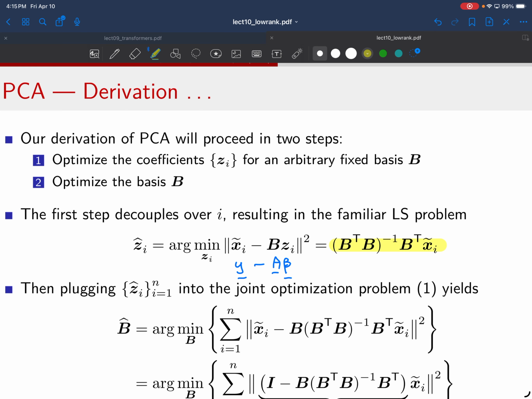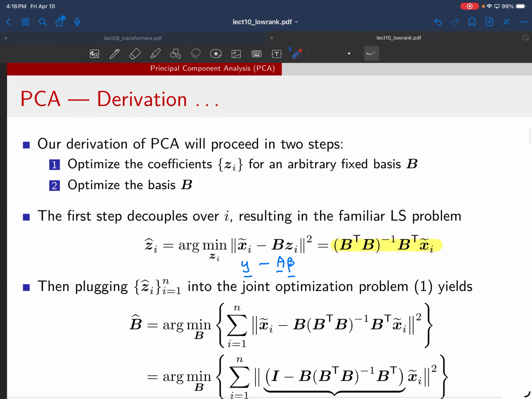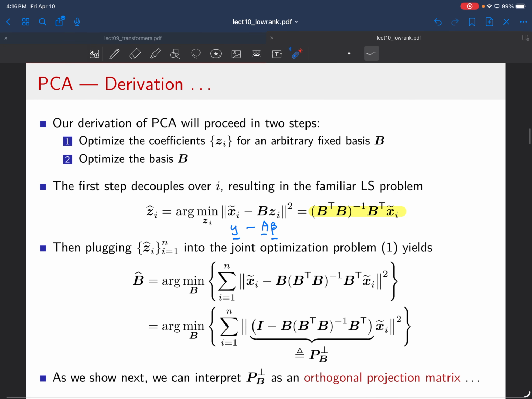The rest of it is a little bit more complicated. Any questions on this first step? Okay, so this basically means that for any matrix B that you choose, the optimal Zi, the coefficients to describe x tilde i for that B, will be this expression. Okay, so let's come back to our RSS expression.